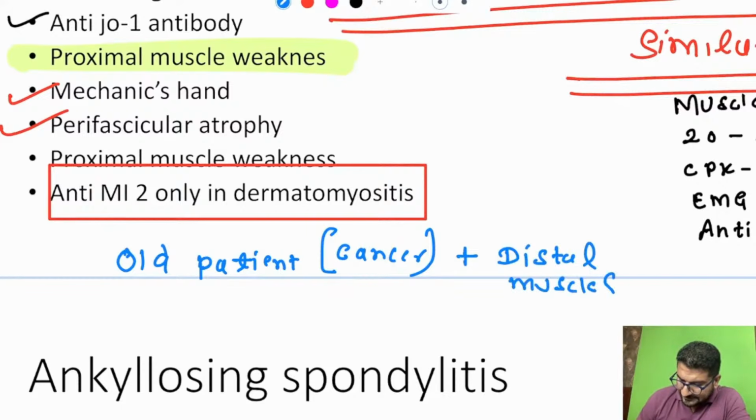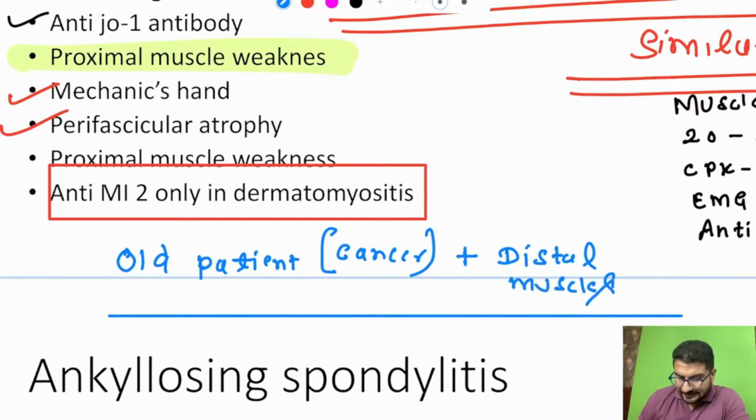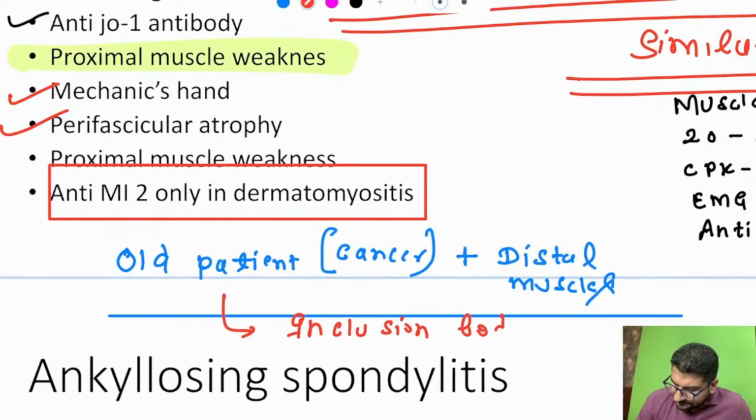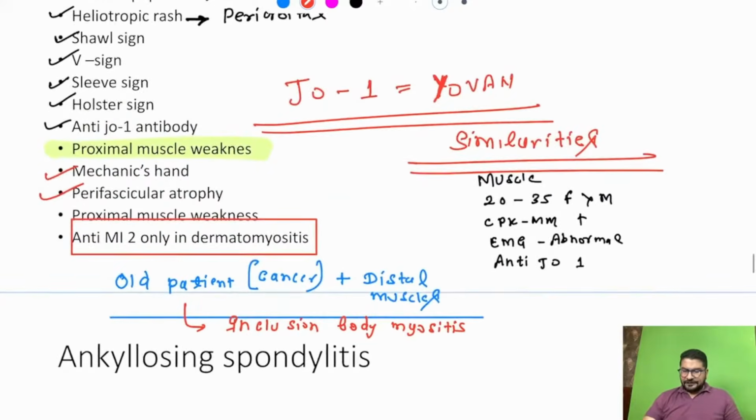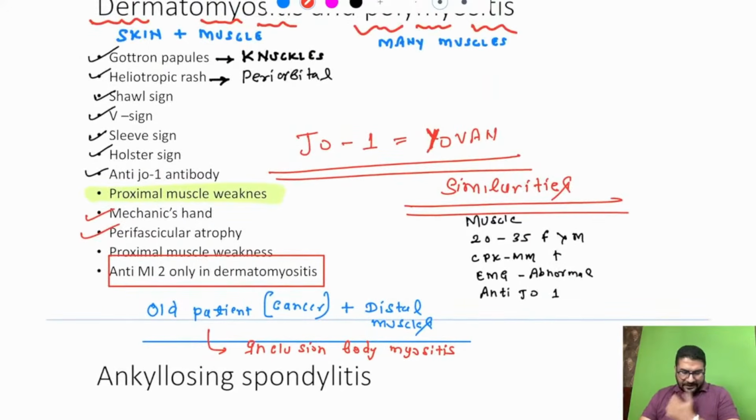Now proximal muscles are not involved. Now it's affecting distal muscle, means अब ये वाले मसल इन्वॉल्व होंगे, डिस्टल वाले, पाम वाले मसल्स और फोर आर्म वाले मसल्स, और आई कैन से फीट मसल्स, सोल मसल्स. Understand this thing. Now this is not dermatomyositis. इसको बोलते हैं inclusion body myositis. We call this inclusion body myositis. So this is about your dermatomyositis.